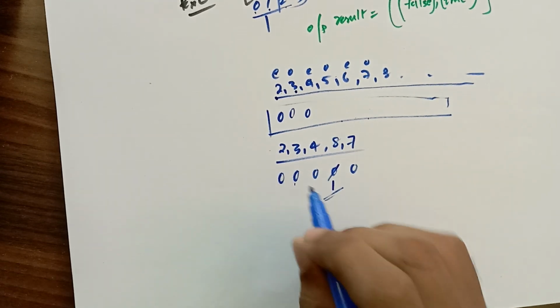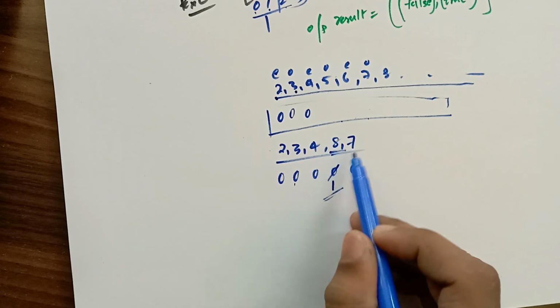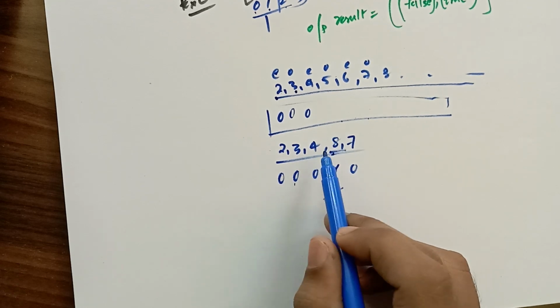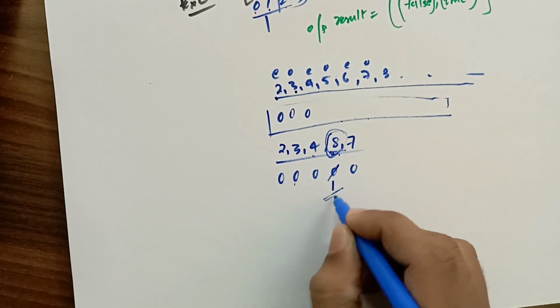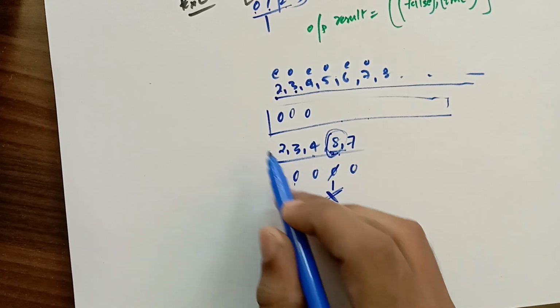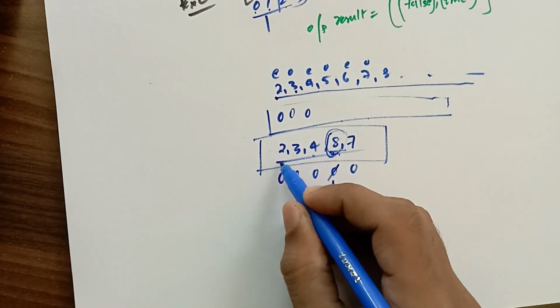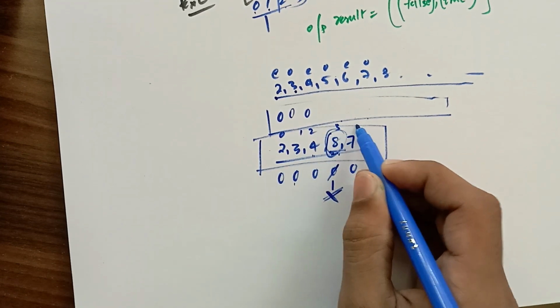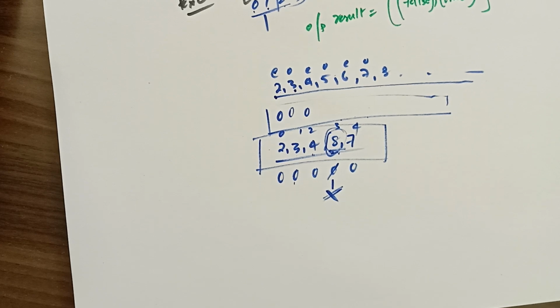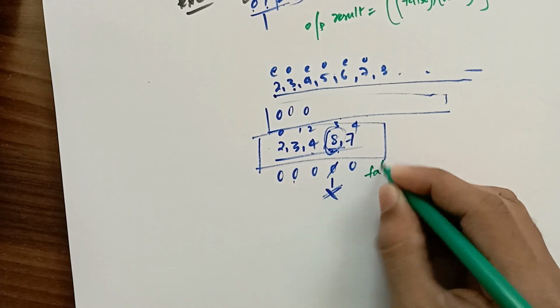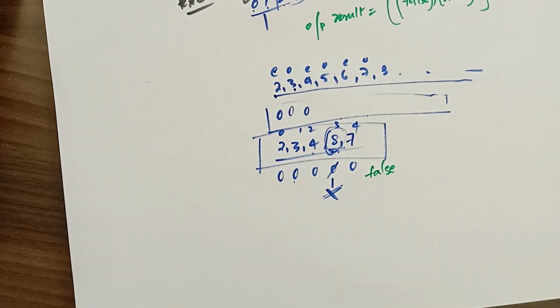But why am I doing this? That means at 8 I am getting the same parity. That means if this index appears in a query, that is, if we got index 3 in any query, we will have false for that query.